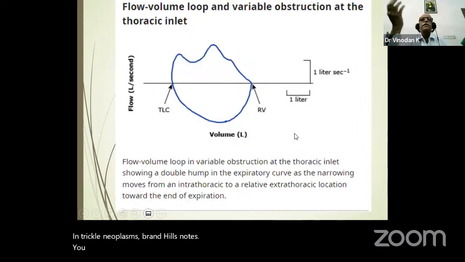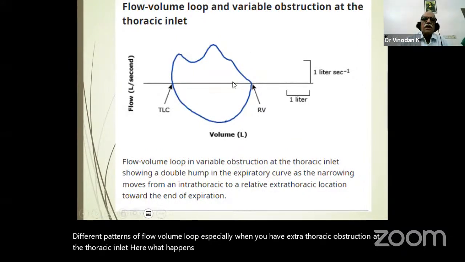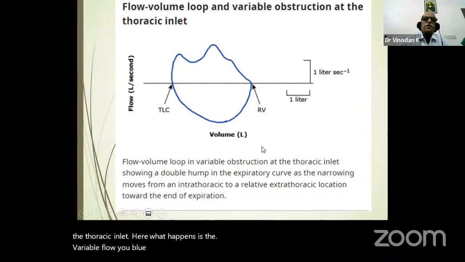You can also see some different patterns of flow volume loop, especially when you have an extrathoracic or thoracic obstruction at the thoracic inlet. Here, the variable obstruction at the thoracic inlet shows a double hump.